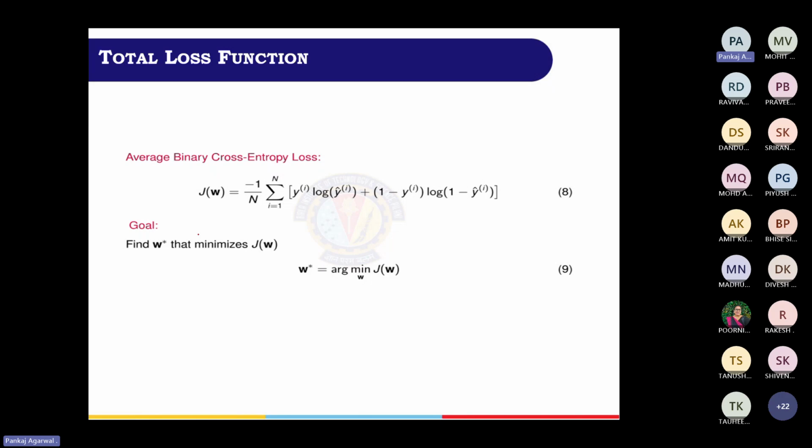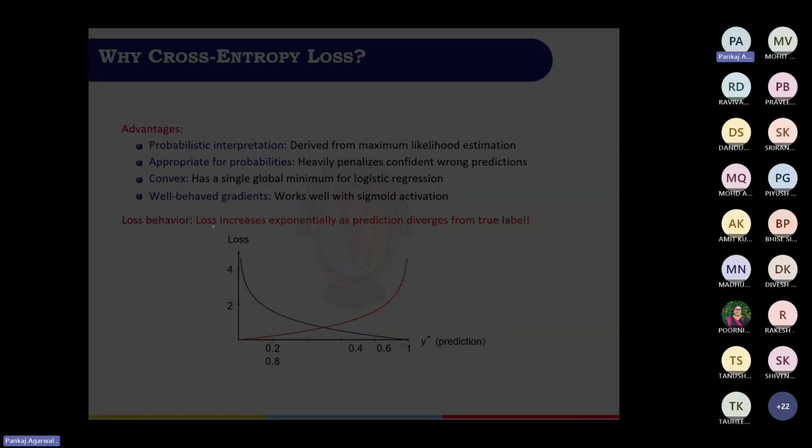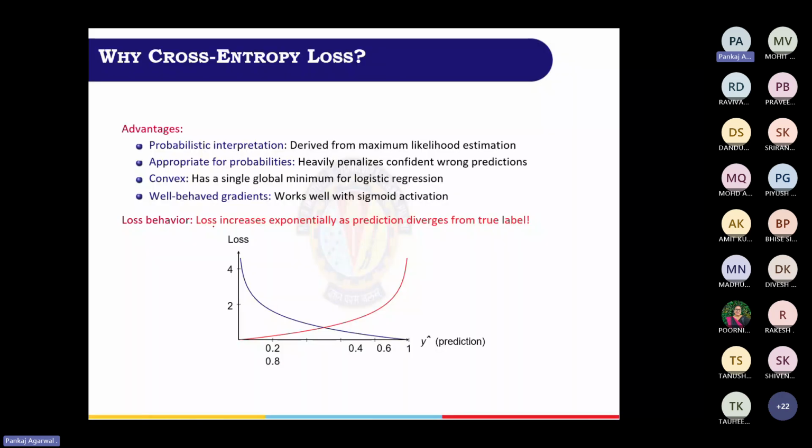So we would be using this now for understanding what we are trying to do for logistic regression, right? The advantages, first of all, are the probabilistic interpretation.